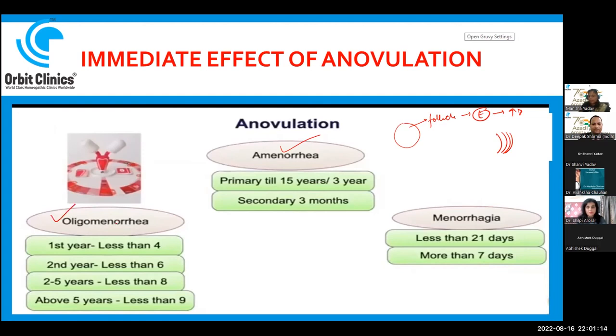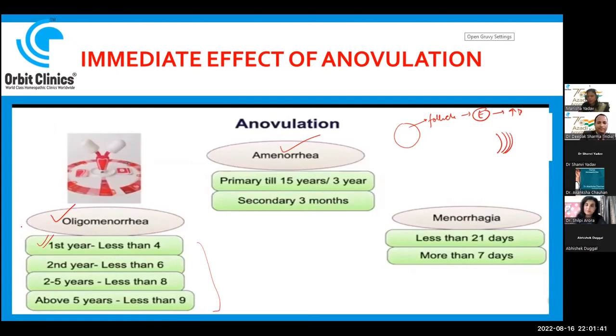Then they may present with oligomenorrhea. Oligomenorrhea means delayed menses, meaning menses appear in 40 days, 50 days, in 2 months, and there are various criteria given that it is very normal if there are less than 4 cycles in a year. If in 12 months only 4 cycles come in the first year of puberty, it is normal.